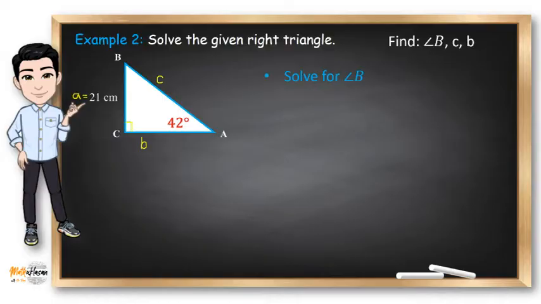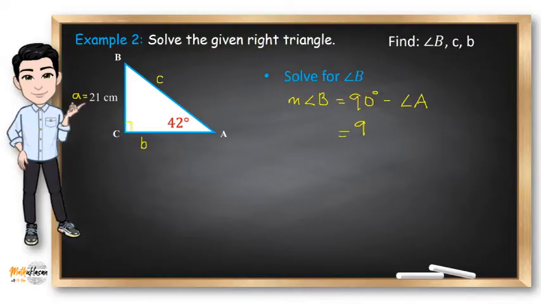So therefore, to solve for the measure of this angle B, all we need to do is to subtract 90 degrees with the measure of angle A. Kumbaga, we're just getting the complement of angle A. Okay?